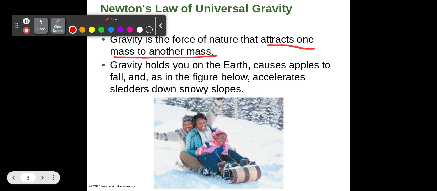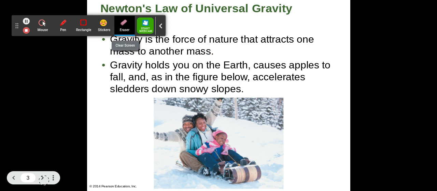Gravity holds you on the Earth. It causes apples to fall to the ground. It accelerates you as you're going downhill because you're getting closer to the surface of the Earth. So those are some examples that we come across with gravity.